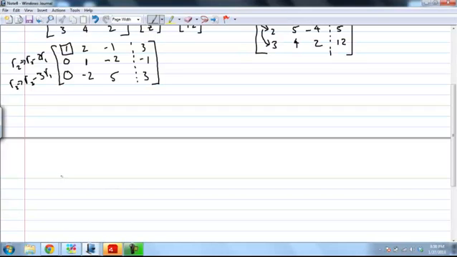My next step, I will use my second pivot to eliminate the position beneath it. Again, my first row isn't changing, and my second row will not change in this step either.